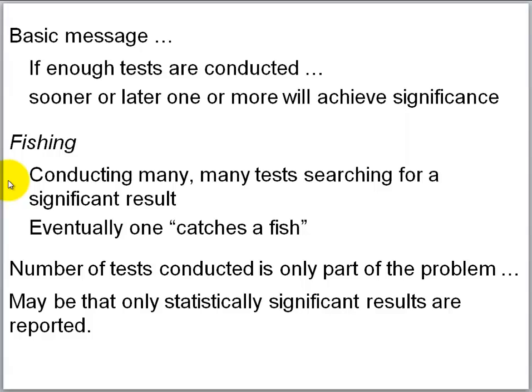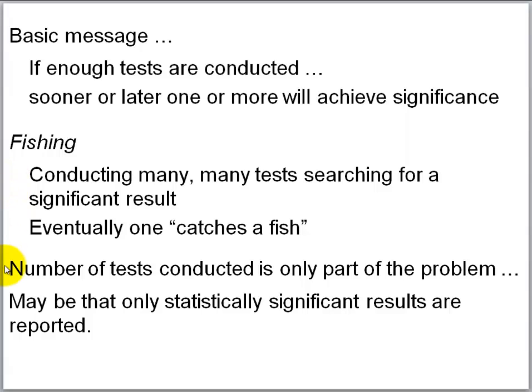There's a term called fishing, or statistical fishing, and this refers to conducting many, many tests searching for a significant result. If you conduct enough tests, sooner or later you're going to catch a fish. That is, you're going to find a statistically significant result.